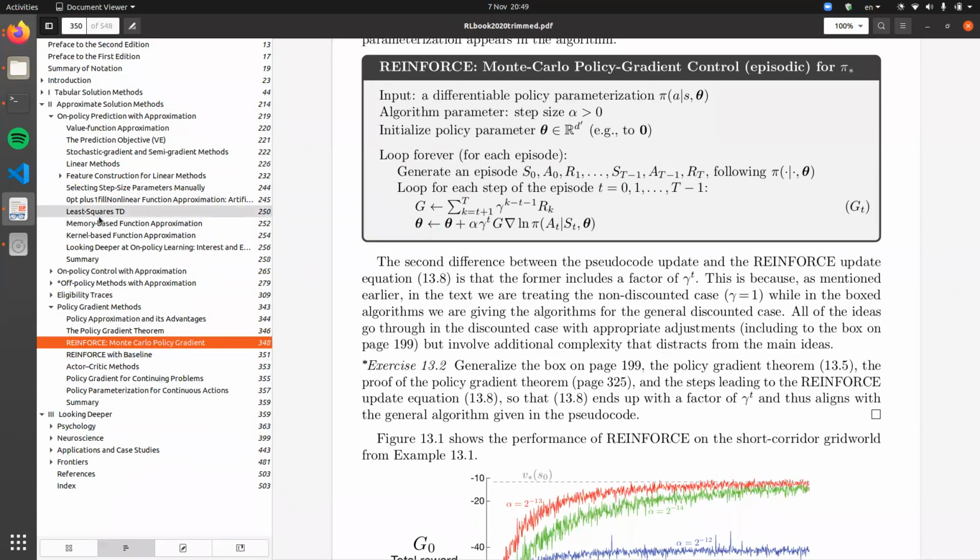I have a plot, the same as in the book, right? Yep.